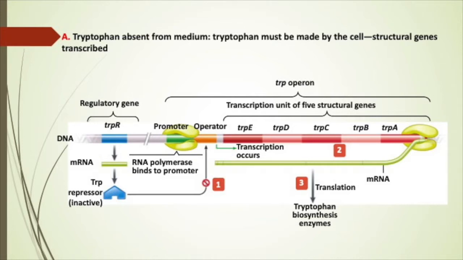If it's inactive, it's not telling the operator to stop, right? So RNA polymerase binds to the promoter, the operator's not telling it to stop, and transcription is occurring.